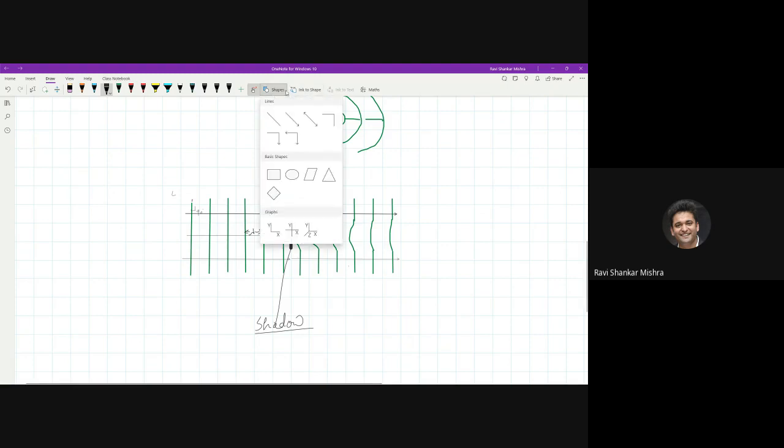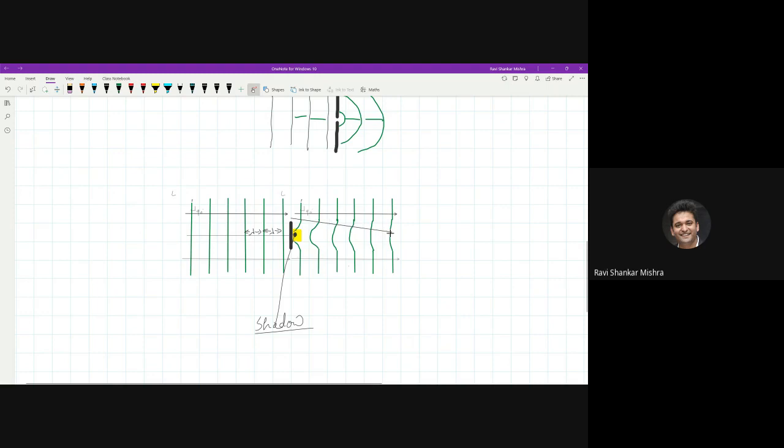You can see how the waves are bending because of this hindrance, and then they eventually come back as they were. Why will they come back?